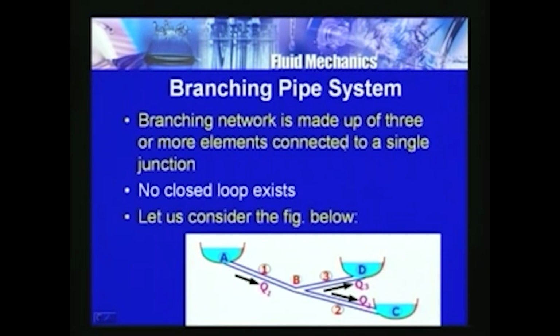Here the known values may be the head values or elevations at reservoirs A, C and D, and the unknowns may be the discharge through each pipe 1, 2, 3, and the head at location B. First we will discuss how we can solve this kind of branching pipe system, and then we will discuss the pipe network.